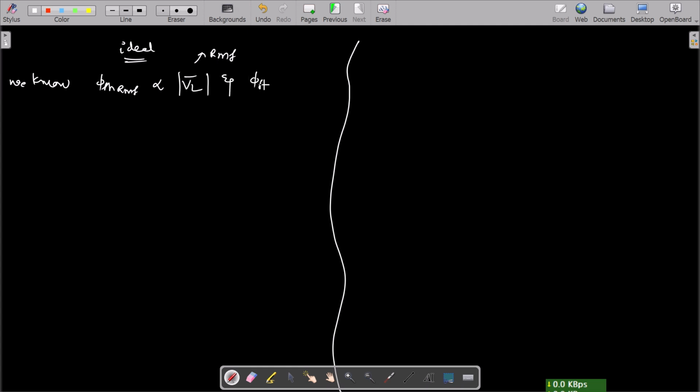And phi SC RMS will be proportional to IL. This is also RMS, because IL only created phi SC.